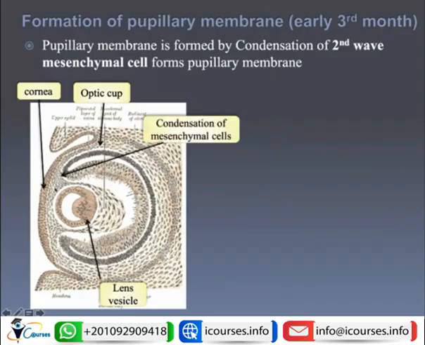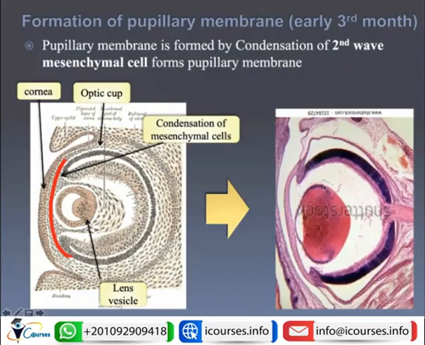The area in between will be the condensation of mesenchymal cells that will form the 3 waves, as we mentioned. The second wave will form the pupillary membrane, extending behind the cornea and in front of the edges of the optic cup. As you can see here, this is a section of the eye of a developing embryo, showing the developing optic vesicle and the optic cup, and here is the pupillary membrane.